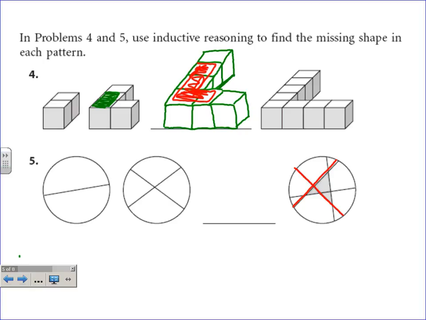So it looks to me like we would probably add this line right here, because that would cut both these guys in half. Probably shade this line in.